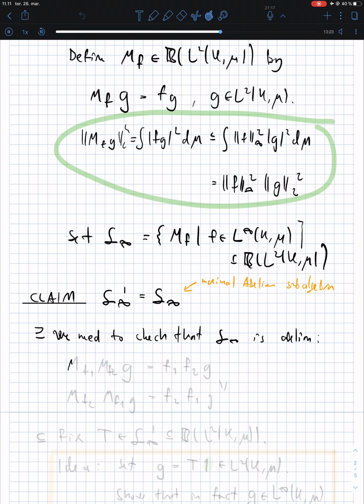And that's sort of clear, right? Because if I have Mf1, Mf2, two operators of this type, and I apply them to g, that's just going to be f1 f2 g.